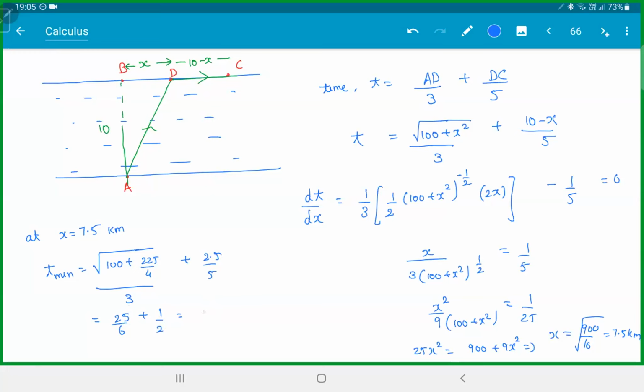How much is this? 28 by 6, 14 by 3 hours. Check, 14 by 3 is 4.66. Ronak, that is right. So if you put x equal to 7.5, you get a minimum time.